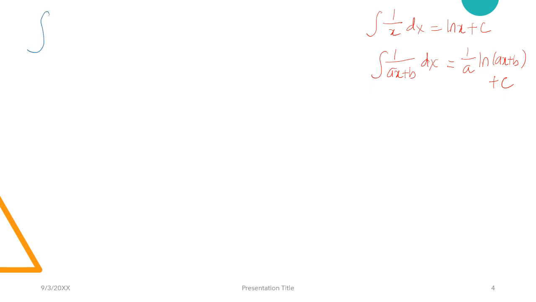Let's say you're asked to integrate 1 over 2x dx. What do I do? We can simplify 1 over 2x as 1 over 2 times 1 over x.